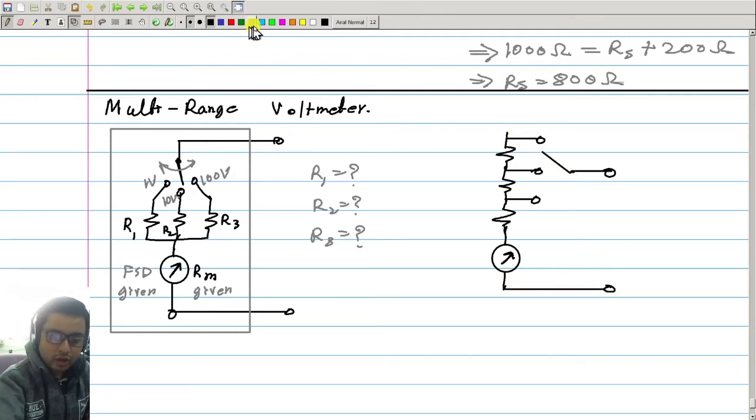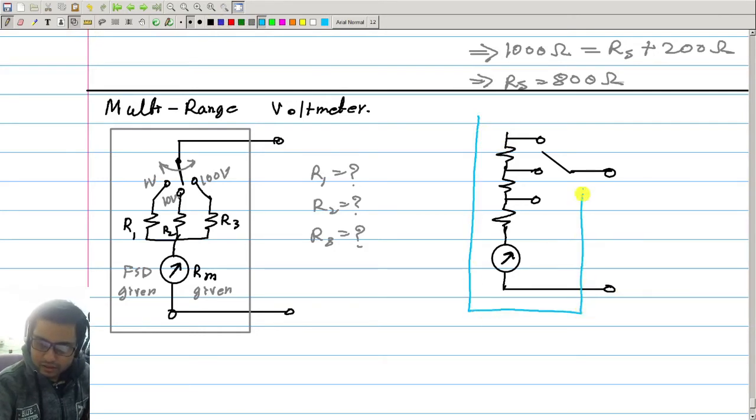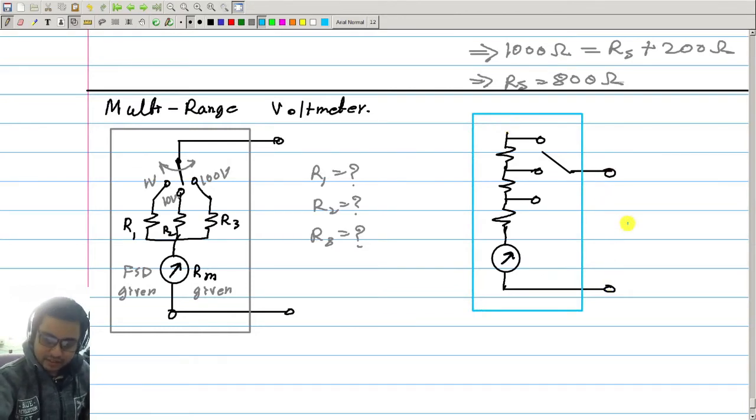So now this is my voltmeter as a whole. These two are the terminals between which you connect the unknown voltage to be measured, and let this be R1, R2, R3. As you change the position of the switch, the actual resistance in series varies. When the switch is here, only R1 is in series.